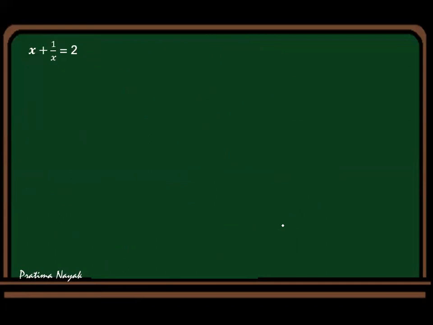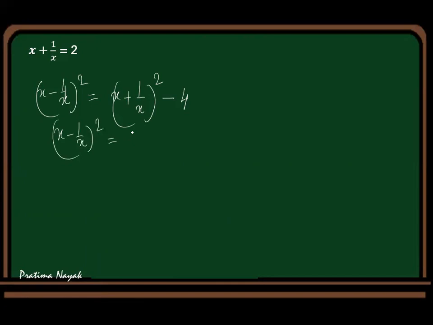Now coming to, so we have got, I'm getting x minus 1 by x here. X minus 1 by x whole square is equal to x plus 1 by x whole square minus, how much? Minus 4. You can remember. So I'll get x minus 1 by x whole square is equal to 4 minus 4, that will be 0, or x minus 1 by x is equal to 0.